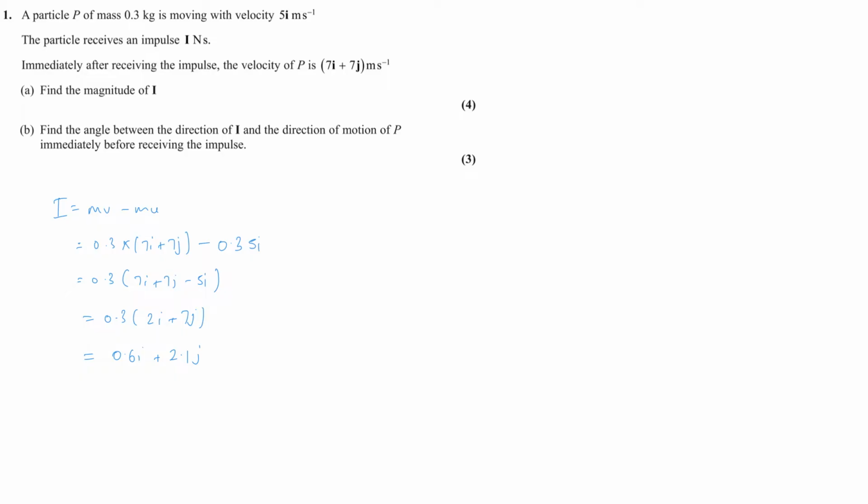Now we need to find the magnitude. So the magnitude of that is the square root of 0.6 squared plus 2.1 squared. It's the size of it, like a vector. When you've got horizontal and vertical vectors, that diagonal that joins them is just basically Pythagoras.